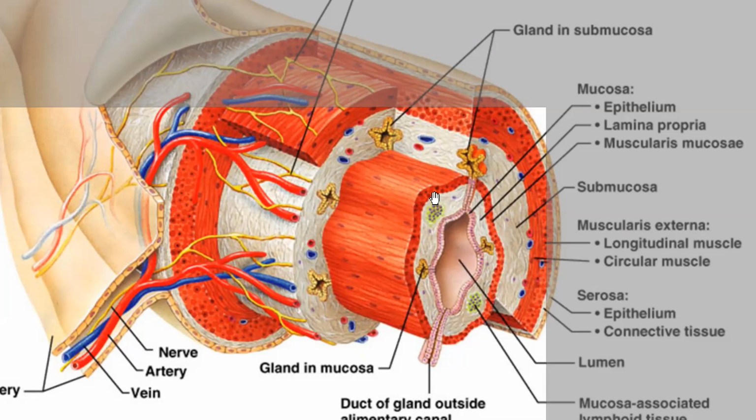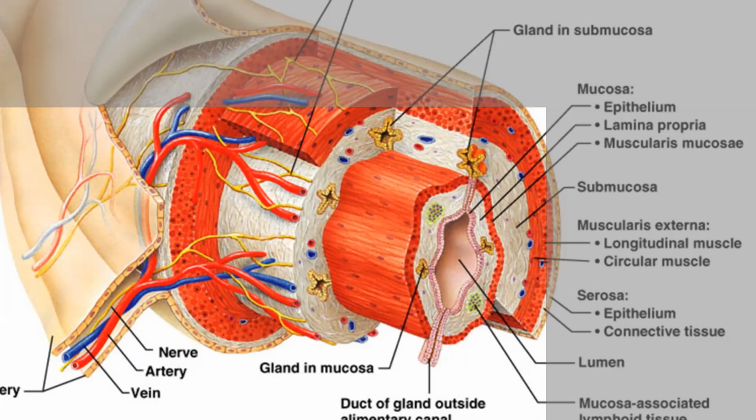So this whole structure right here is the mucosal layer, and you can see these lining epithelial cells engulfed to form this specific structure. It is a gland, so it has a name. It's called gland in mucosa. The secretion will be the mucus, all right?